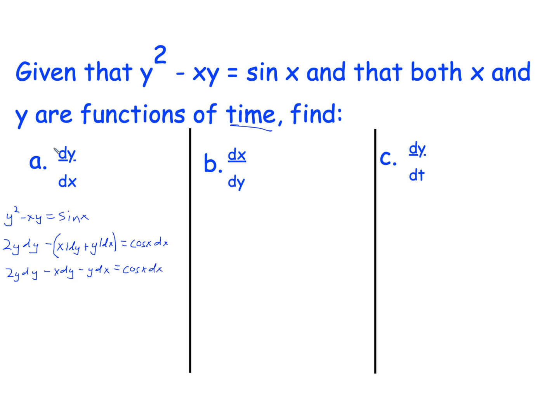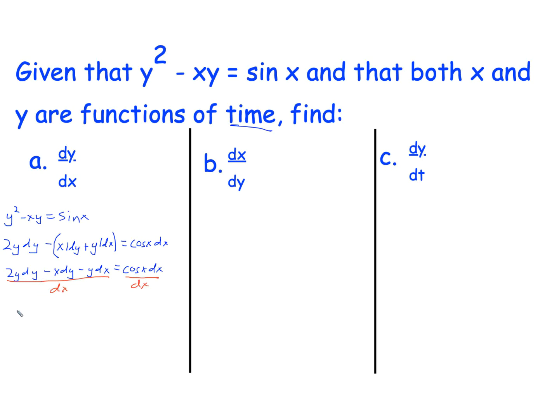Now let's look back up at what we want to find. We want to find dy over dx. So we're going to divide everything by dx. And when we divide both sides by dx, on the left side, it's a common denominator, so we can write these as individual ones.